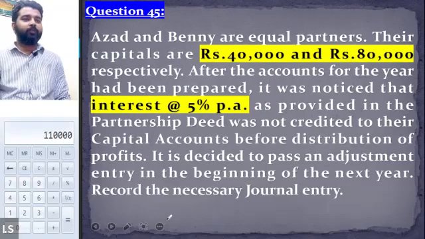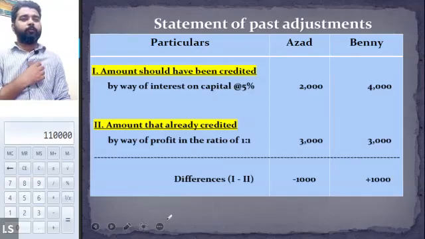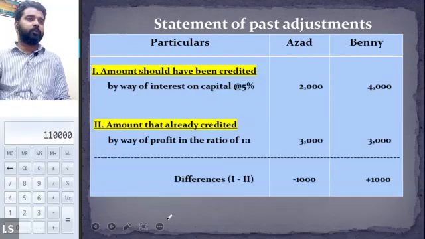Benny will have to return the excess amount, I guess, na? Yes. Benny's capital account debit to Azad's capital account. Halima, you are getting the same answer. Yes, the journal is same. Okay, so this should probably be your solution.